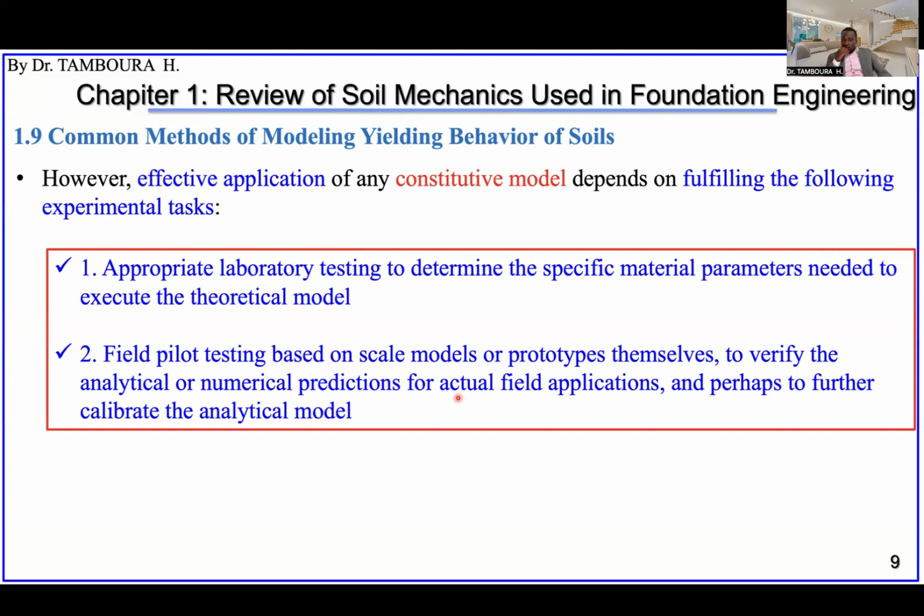okay? And you do your numerical model and obtain some result. In an actual project, you have to calibrate your model using result from field testing.